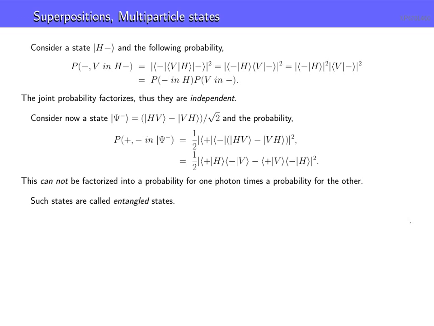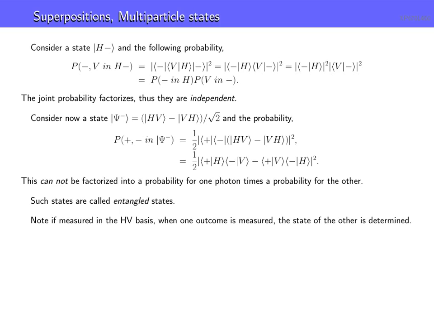But if the state vector is not factorizable, then the probability will not be factorizable, and thus the independence is no longer there. Now, this is a critical, really new aspect of quantum mechanics, and probably the most significant if you want to talk about the mysteries of quantum mechanics.